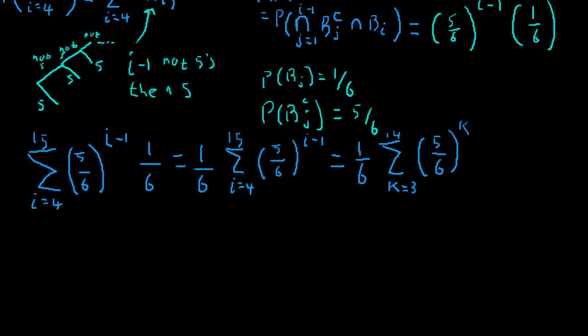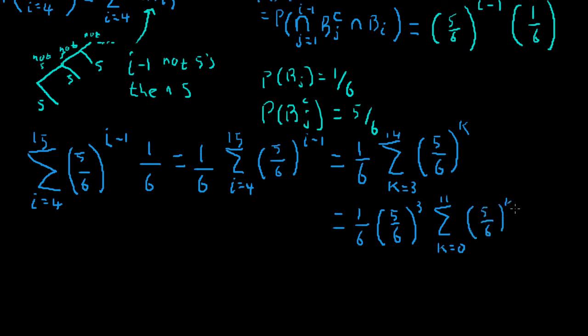Since k starts at 3, every one of these terms has at least 5/6 cubed. So now we can write 1/6 times 5/6 cubed times the sum of k equals 0 to 11 of 5/6 to the k.